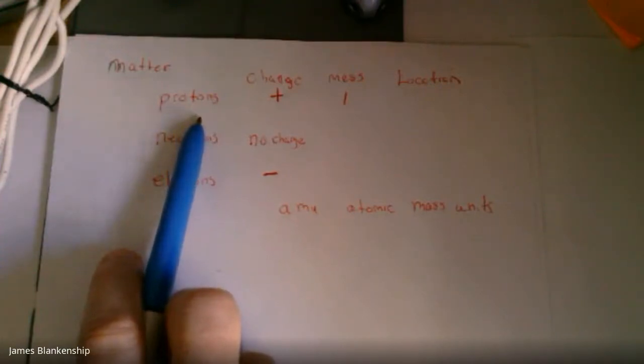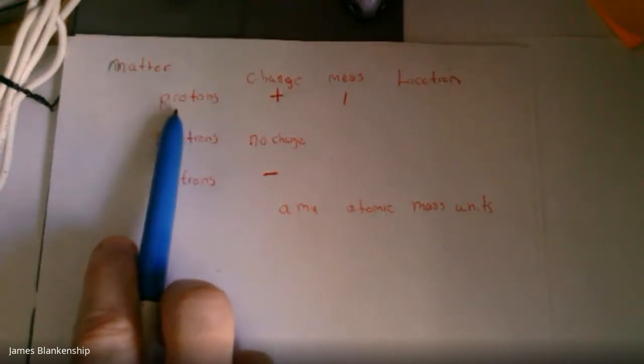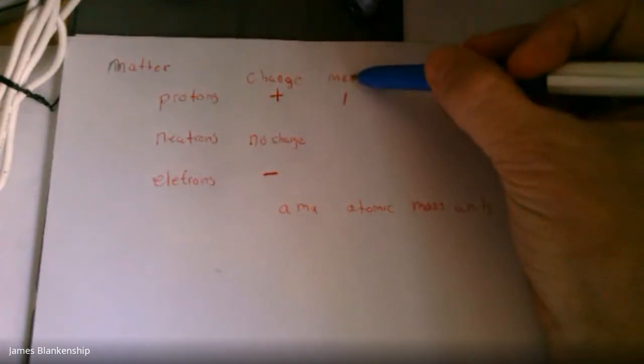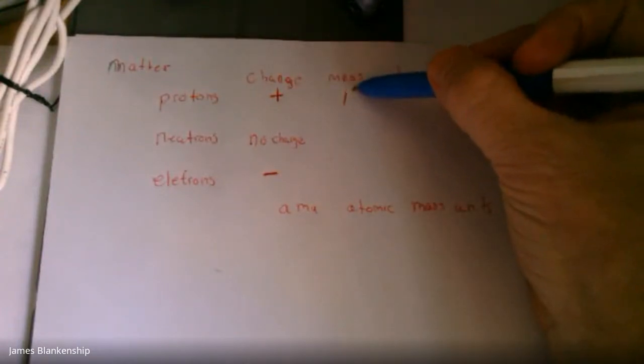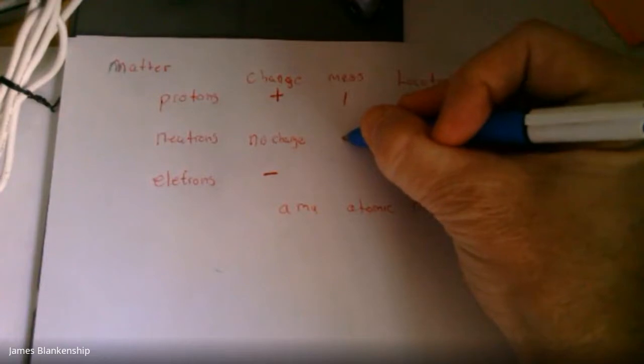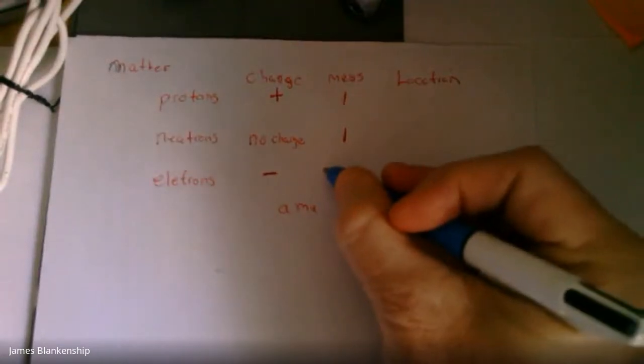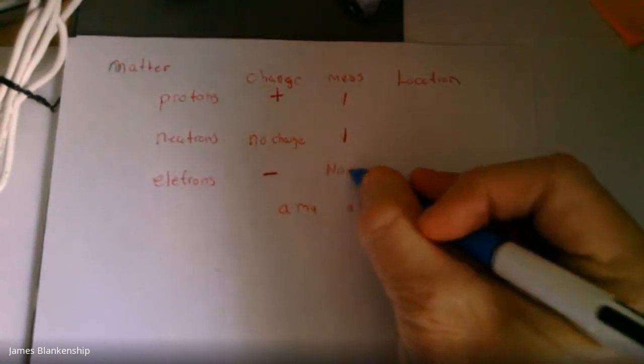And that would also go in to say that the more the atom weighs, the more a mole of that atom weighs. We'll talk about what a mole is later. But for right now, let's keep in mind that a proton has an AMU mass of 1. A neutron has an AMU mass of 1. And an electron has, for our purposes right now, no mass.